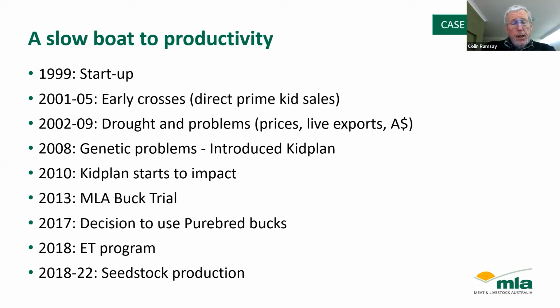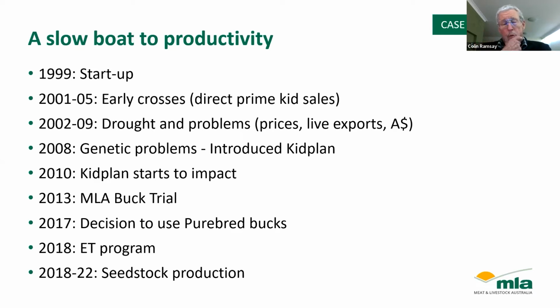In 2013, we ran a buck trial on these crossbreds, bringing in sires from all over the place. In about 17, one of the biggest decisions we had to make along the way was to stop using full-blood bucks and to switch across to using purebred bucks, which are basically Boars infused with genes from rangeland animals.